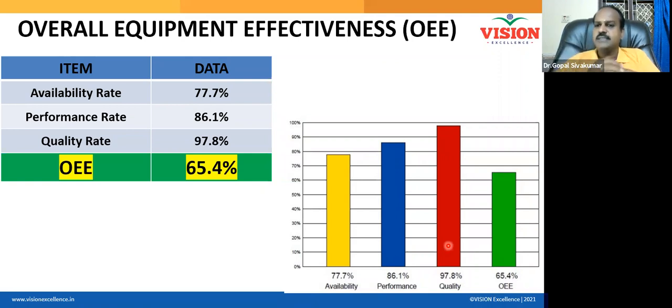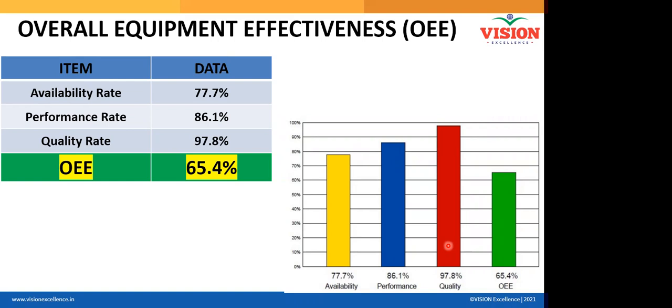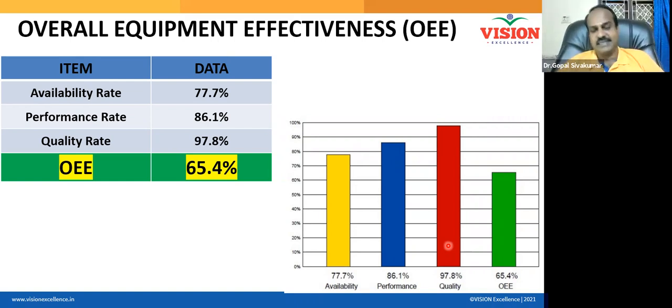What is the methodology Six Sigma prescribes for defect reduction? Somebody remember? What is the methodology of Six Sigma? Ravi Kumar taught you, right? DMAIC. What does D stand for? D stands for define.